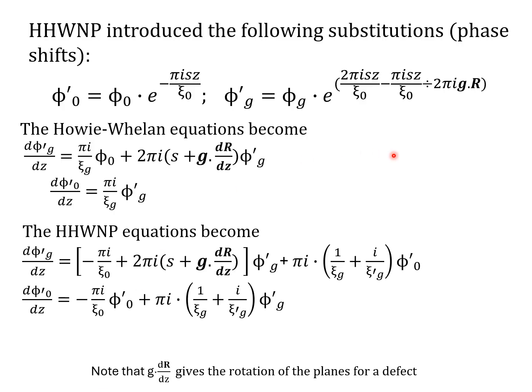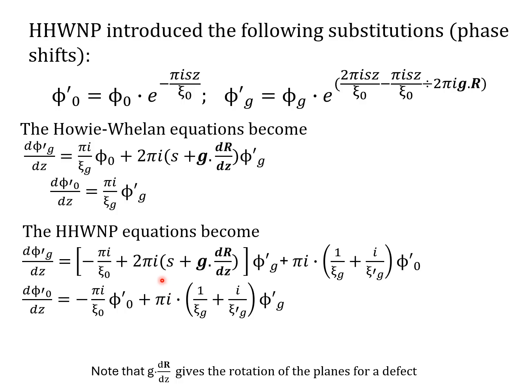In order to solve the equation, what they did is they made some substitutions, some phase shifts to simplify the solution, and they ended up simplifying these equations into this form in terms of the Howie-Whelan equations, the Howie-Whelan-Nicholson-Pashley equation, it becomes in a simpler form like this.